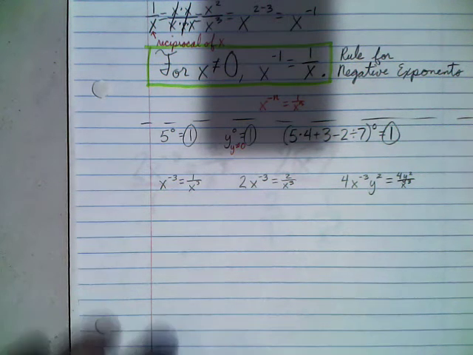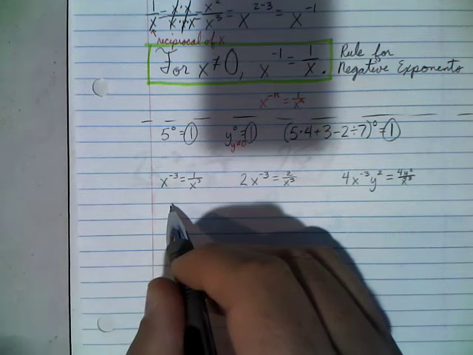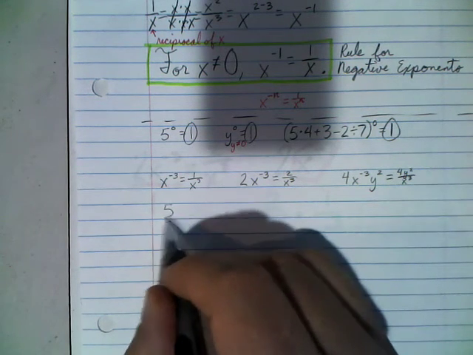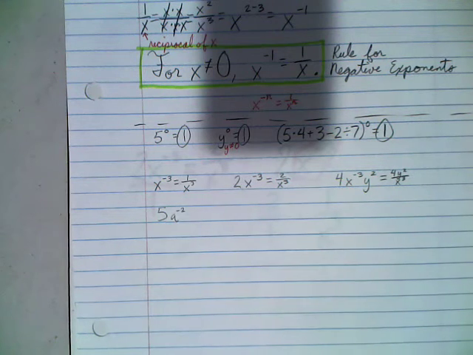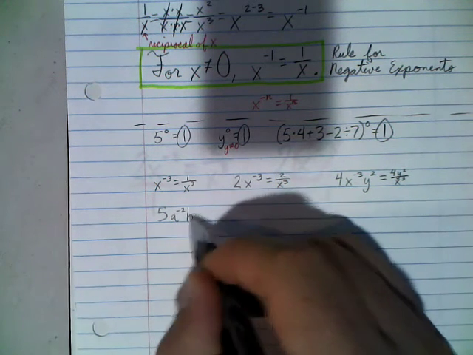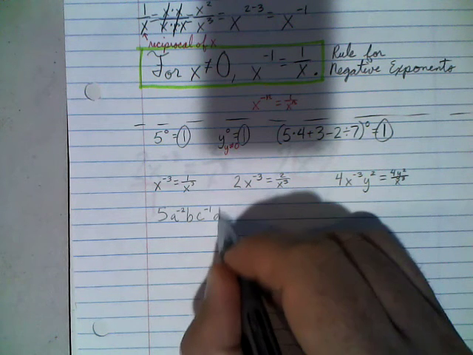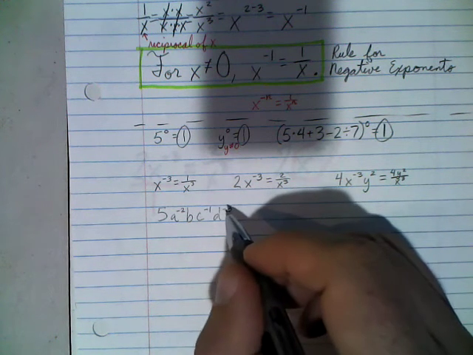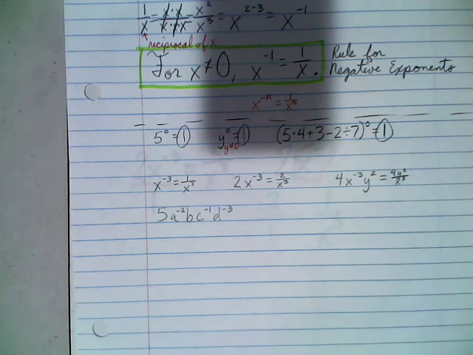All right, let's get a little bit more complicated now. Let's say I had 5a to the negative second power, b, c to the negative first power, d to the negative third power. So once again, the only things that are going to move are going to be the things that have negative exponents.